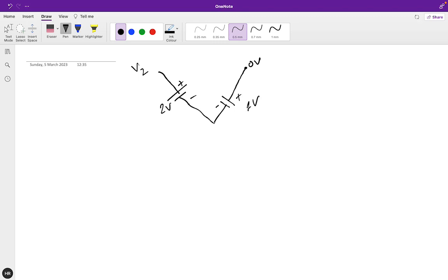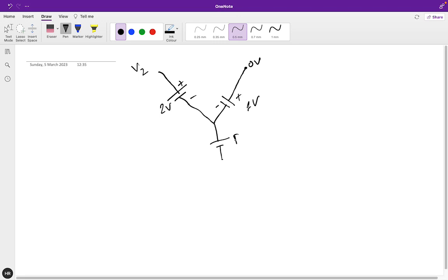And here it is given positive, negative, E value you need to find. And it is split into this part. It is given positive, negative, 4 volt, and this is V1, and it is positive, negative, and this is 10 volt. This particular branch is right.